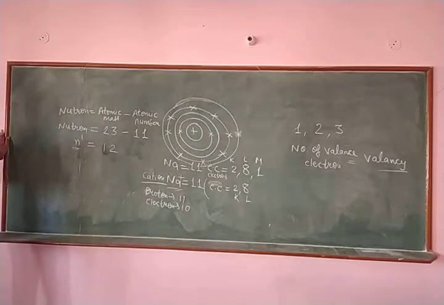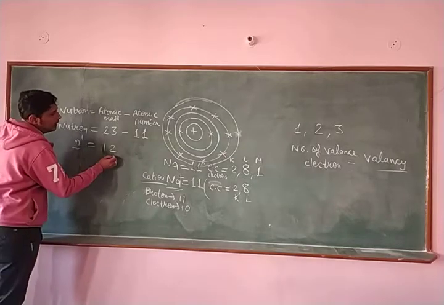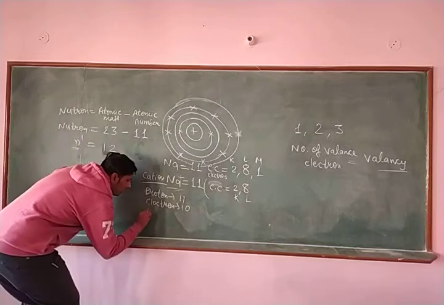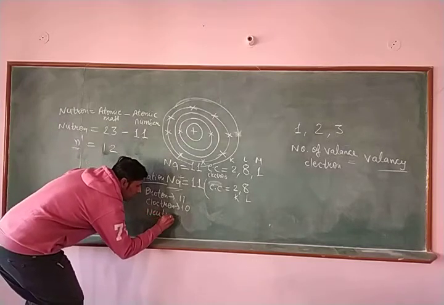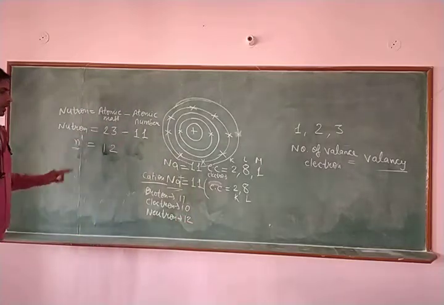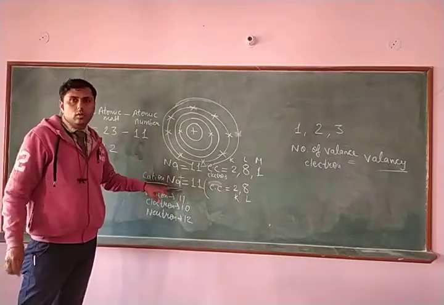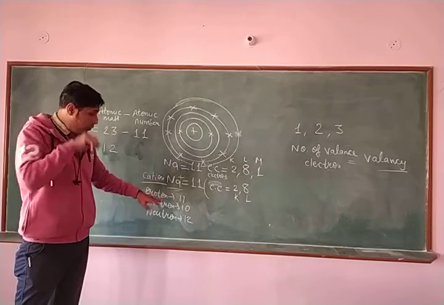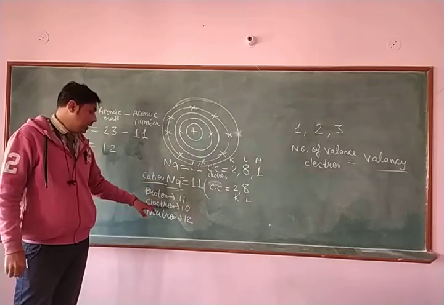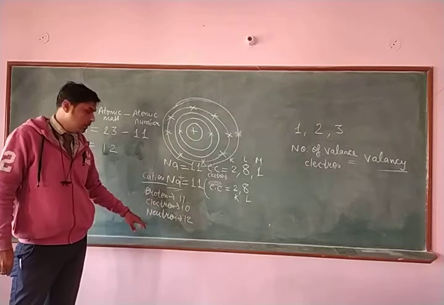So we have 12 neutrons present in the nucleus of a sodium atom. So sodium has 12 neutrons.